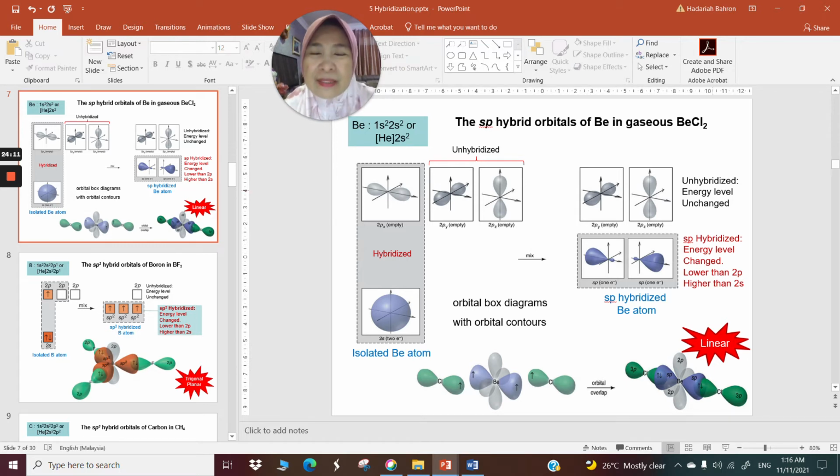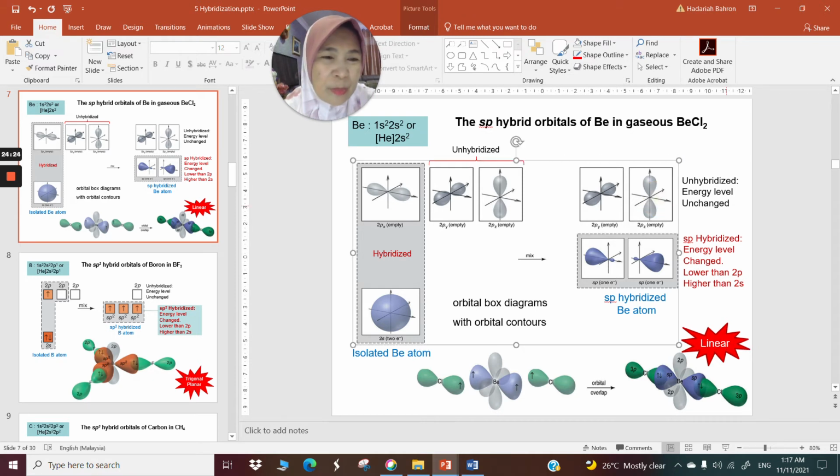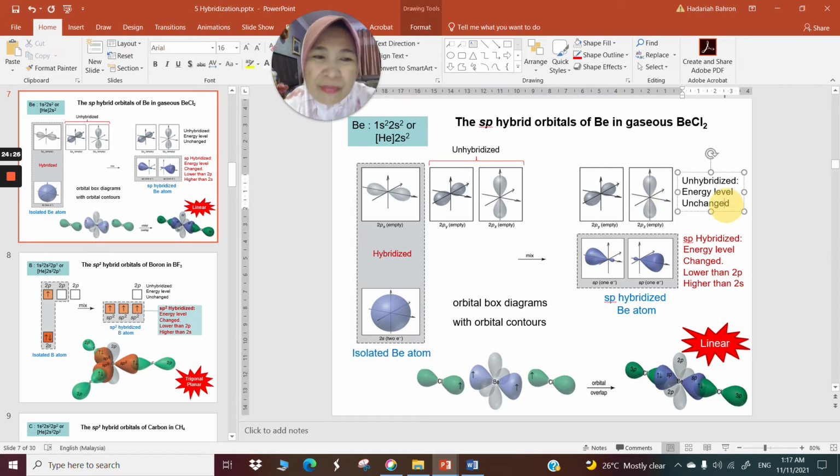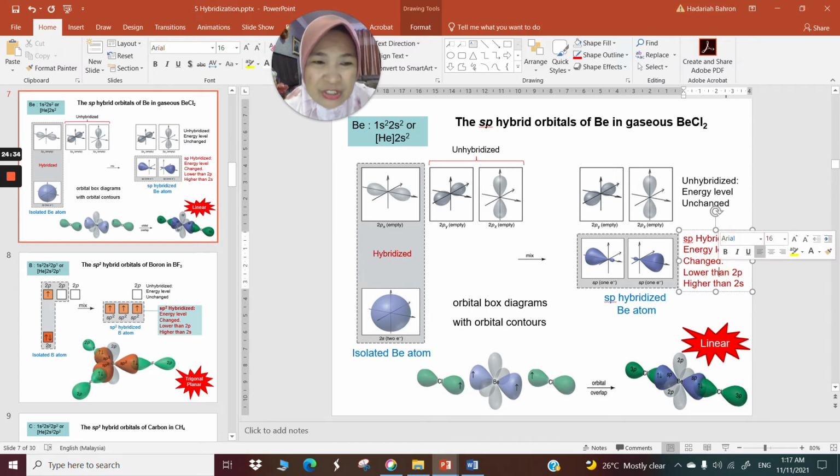So bear with me, this is the basic fundamental mechanism of hybridization. Again, I'm going to have to repeat to you that the unhybridized atomic orbital does not have change in energy level, whereas the hybridized orbitals will have a changed energy level.